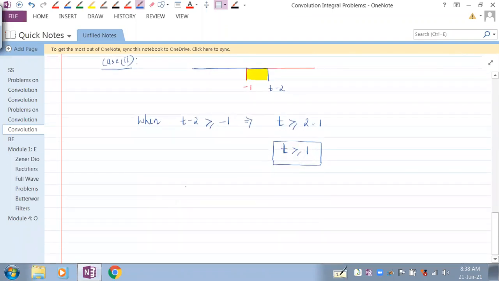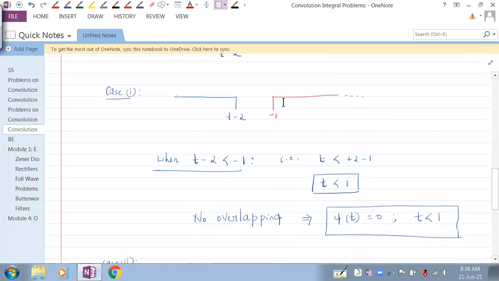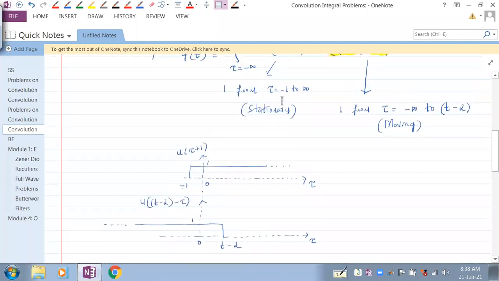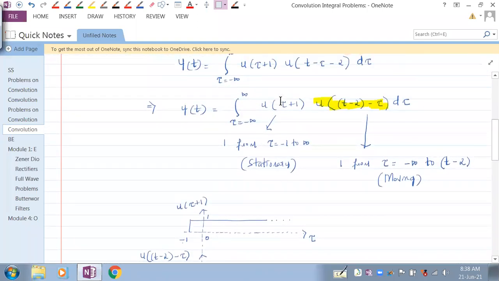So the overlapping range is tau equal to -1 to t minus 2. Understand? So here is equation number 1, which needs to be dealt with now.